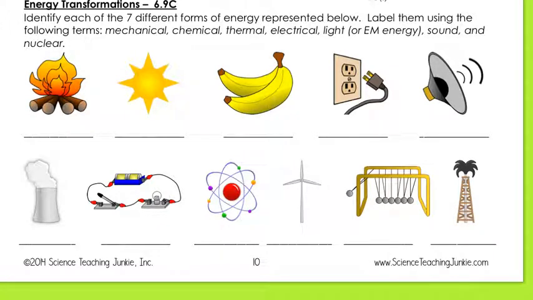Identify each of the 7 forms of energy represented below. Label them using the following terms. So it gives us a word bank here. The first one, a campfire, is thermal. The sun is light. Food, any kind of food, is chemical.